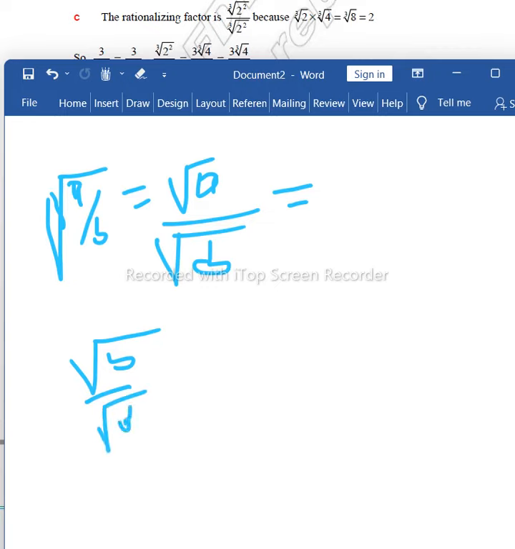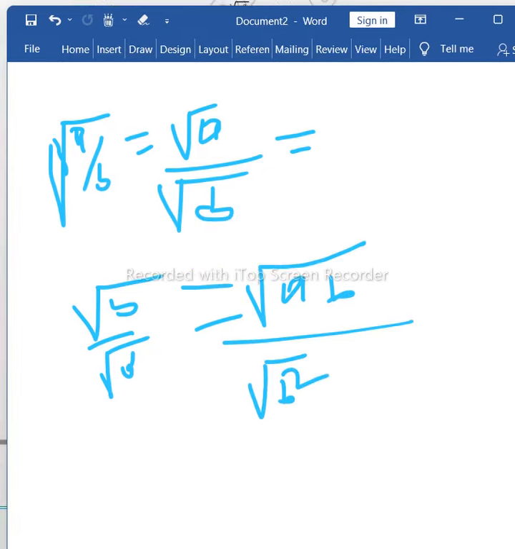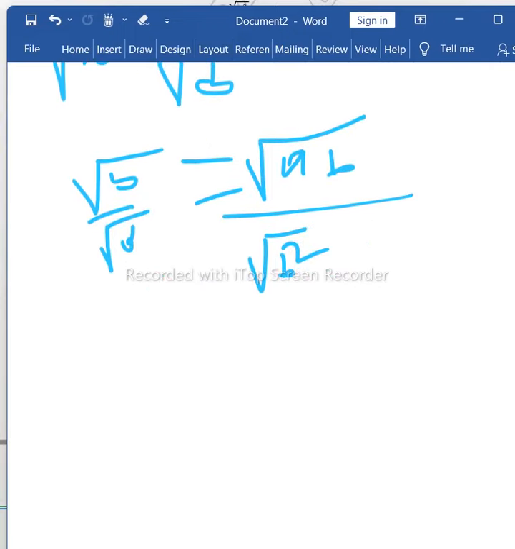So when we multiply this, we get square root of ab over b times b, we have b squared. So in general, b squared comes out of the square root, so we can finally write square root of ab over b.